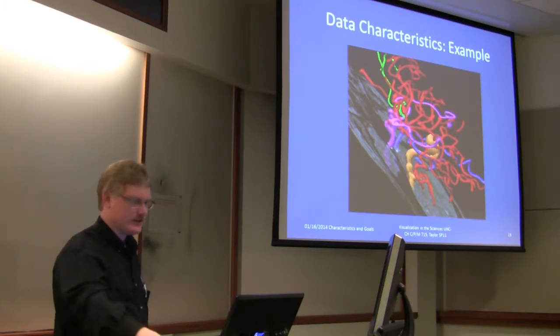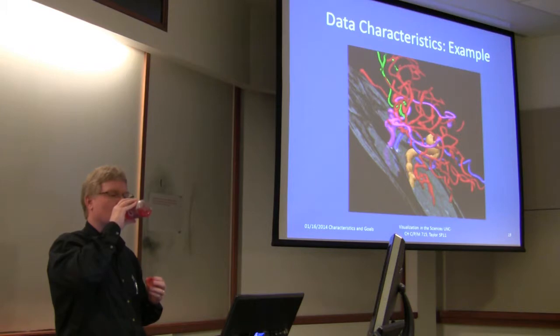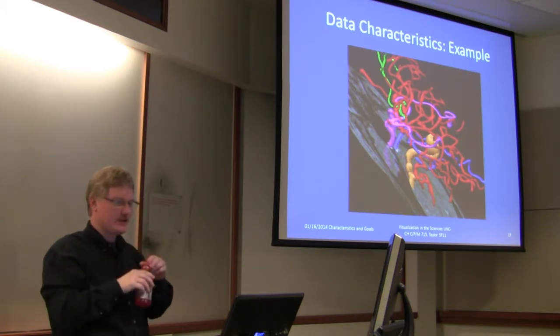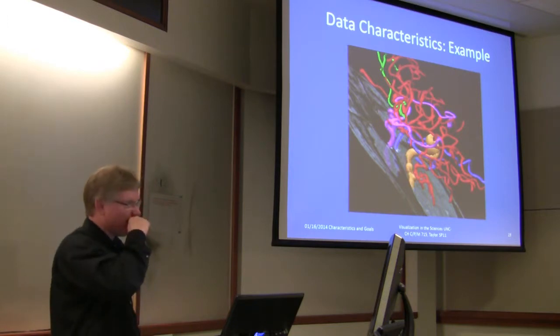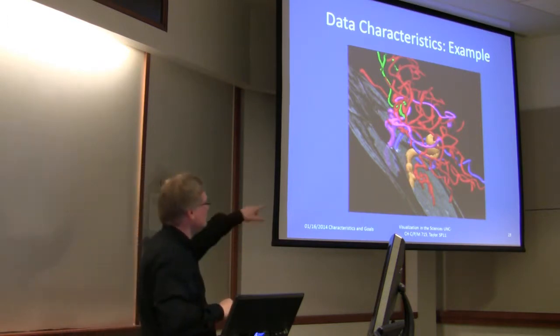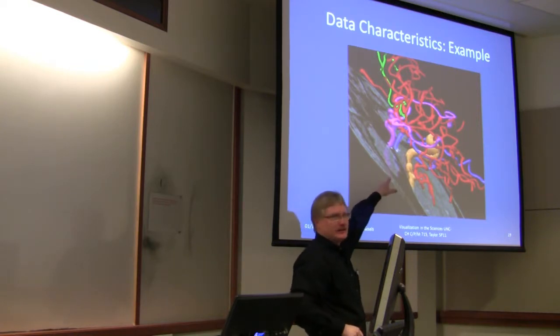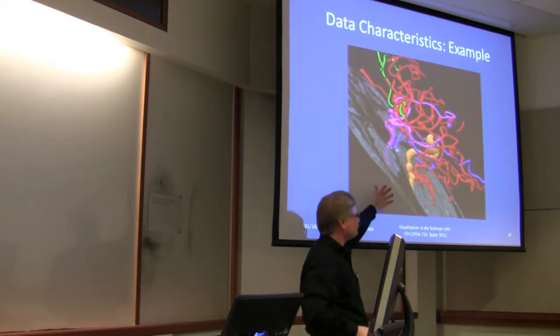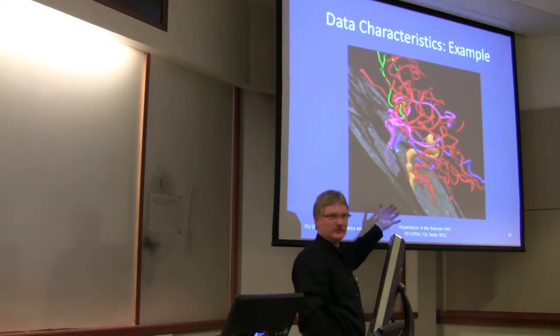Okay, so here's an example of some data characteristics. This is a magnetic resonance image of a brain. We're seeing here a 2D slice through that MRI, right? So that's a 2D display of a 2D sampling from a 3D scalar field.